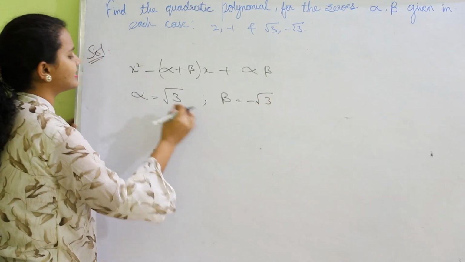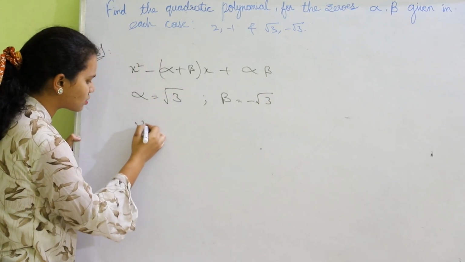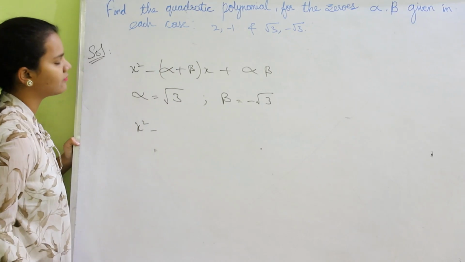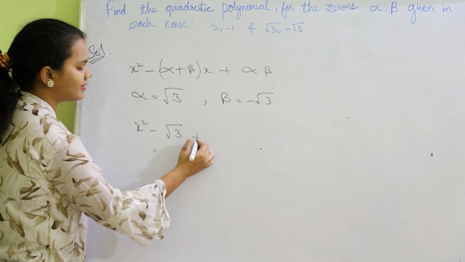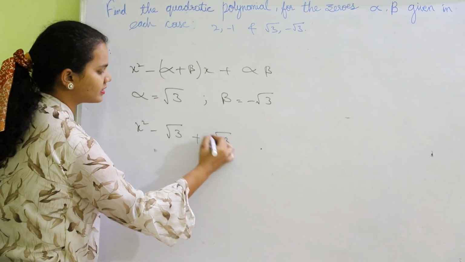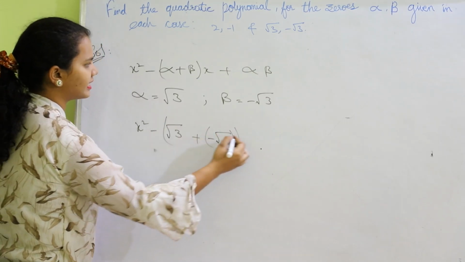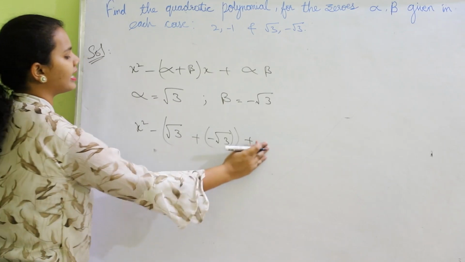Now substitute the values: x square minus (root 3 plus minus root 3) x plus alpha into beta.